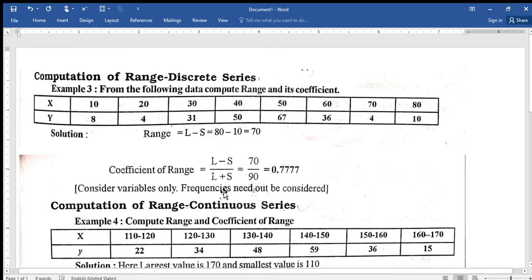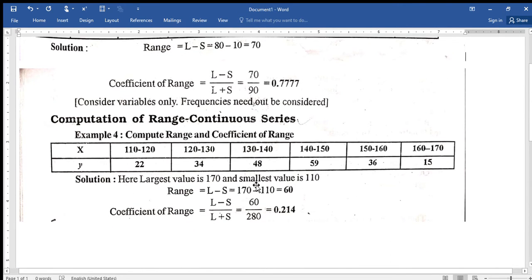Largest value 80 plus 10, smallest value, if we sum up these two values, we get 90. 70 divided by 90, we get 0.7777.